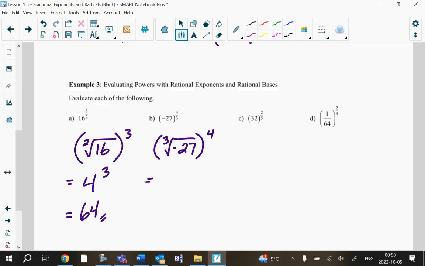And remember, when we're dealing with negatives, that's still in parentheses, and we have to raise it to the fourth. So this does not mean 3 to the fourth and then put a negative at the end. This means negative 3 times negative 3 times negative 3 times negative 3. 81, positive 81.